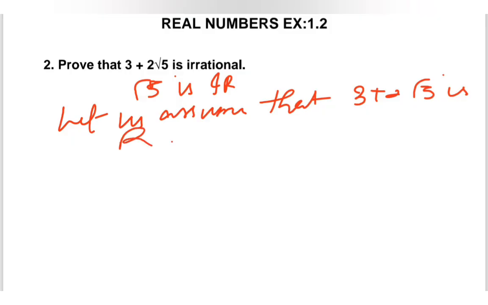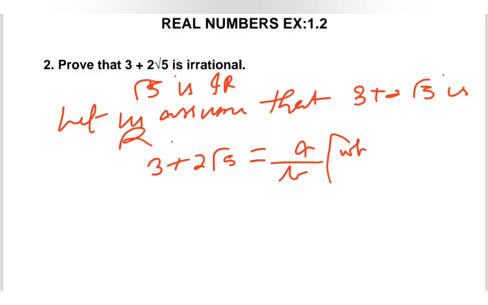So we know that a rational number can be expressed in the form p by q. So 3 plus 2 root 5 is equal to a by b, where a and b are co-prime.